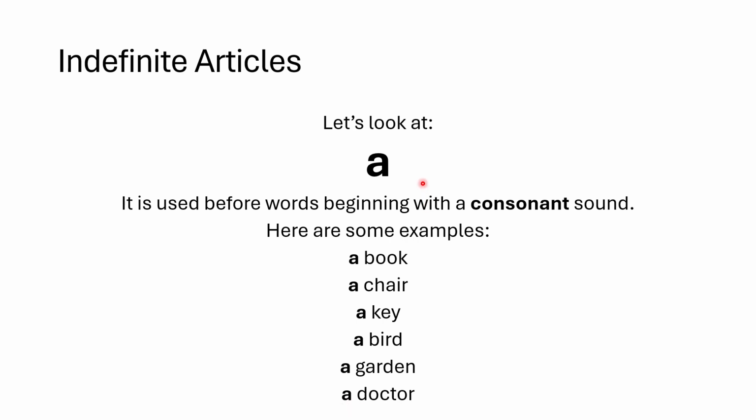Let's look at a. It is used before words beginning with a consonant sound. Here are some examples. A book, a chair, a key, a bird, a garden, a doctor.